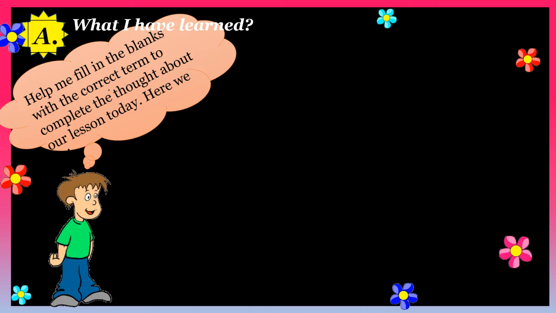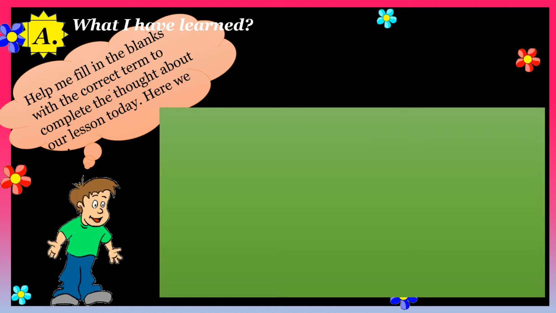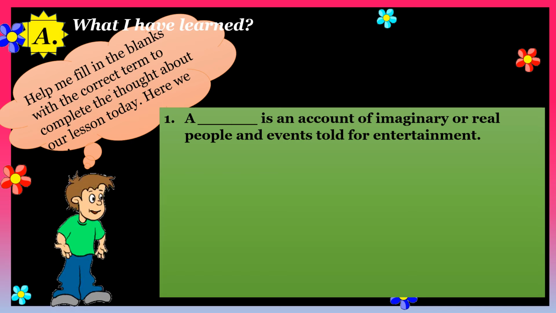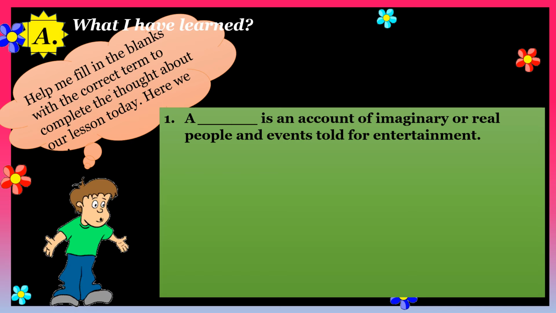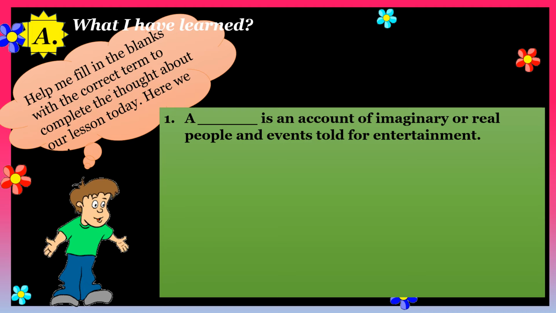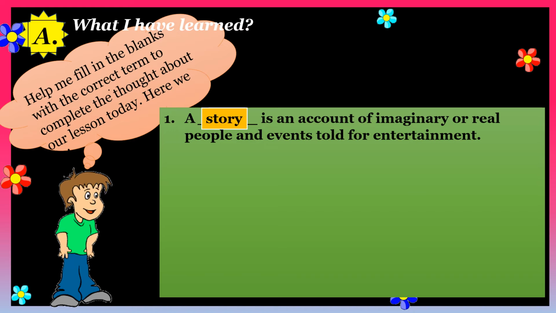Here we go! Now look at that, class. A blank is an account of imaginary or real people and events told for entertainment. Wow, that's great job. It's a story.